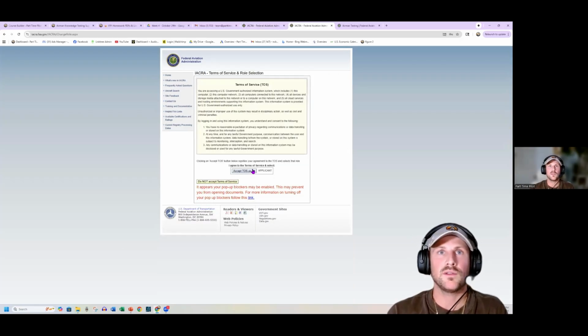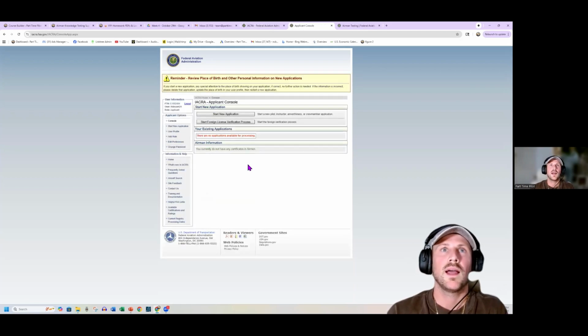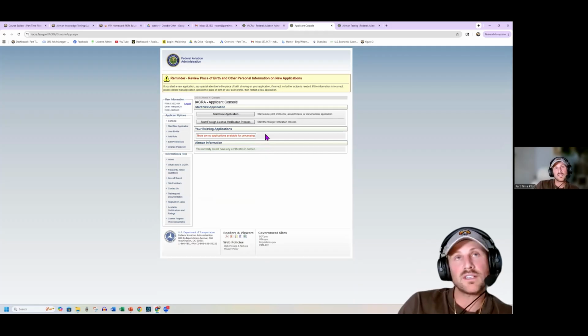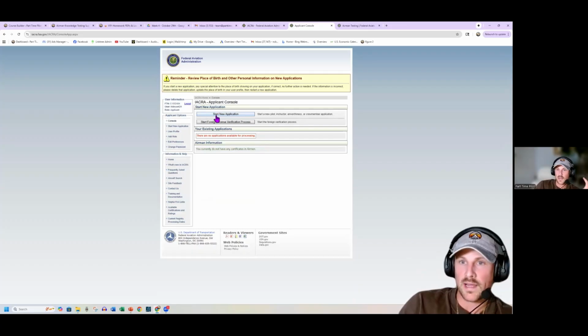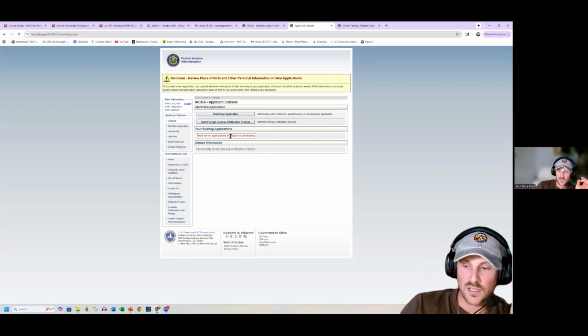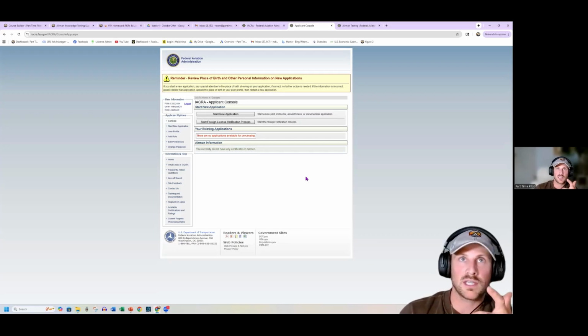So it's going to look like this. You accept the terms of service. Then if you want to do your student pilot application and haven't yet, you would click start application and choose student pilot airplane. That starts your application, and then you would have to finalize it with your flight instructor. Once you have one, they will sign you off.